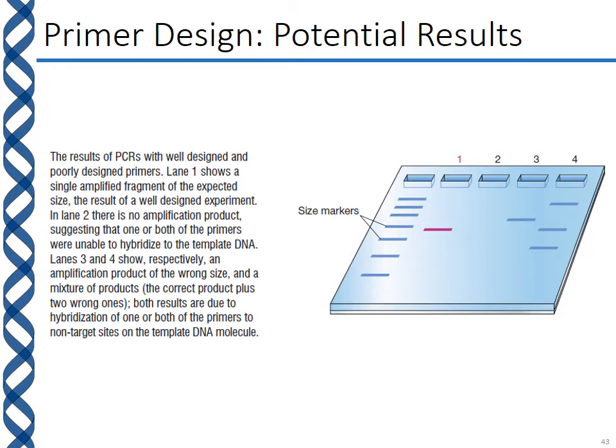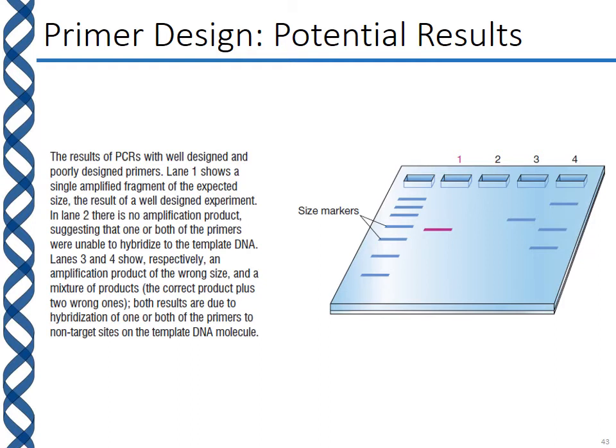That suggests that one or both of the primers weren't able to bind and stay bound to the DNA template. That could also be a factor of the annealing temperature, and so that harkens back to the thermodynamics of the TA and the TM.